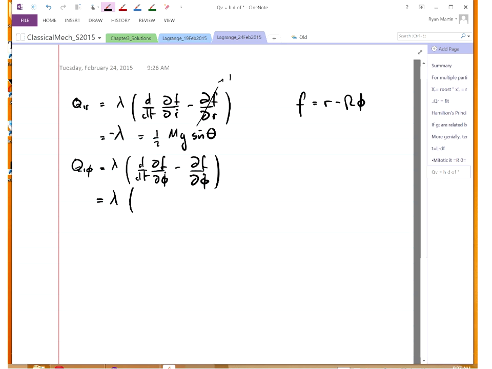So that's equal to lambda times 0 minus ∂f/∂phi. So ∂f/∂phi is minus R. No, because it's minus that, so it's going to be a plus R. And so that is equal to minus a half mg sine theta R.